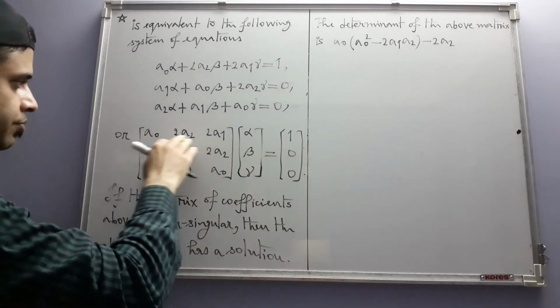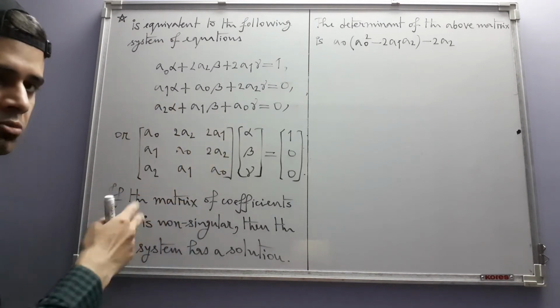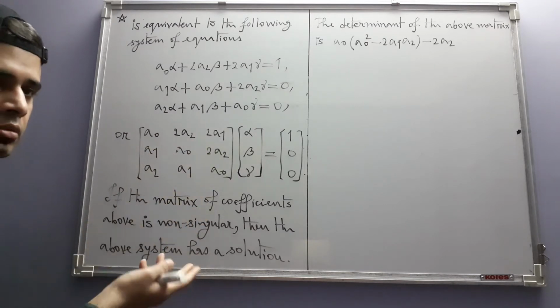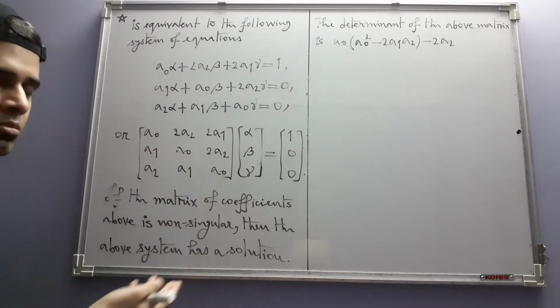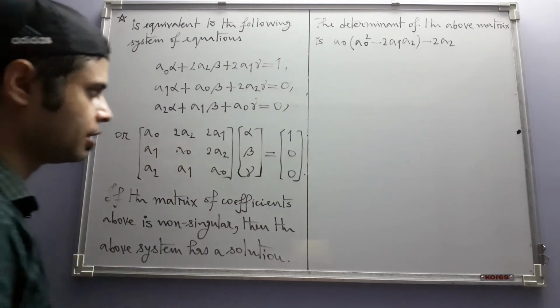You have to remove the row and column containing that element from the matrix. Whatever you are left with, its determinant has to be written along with that other number.